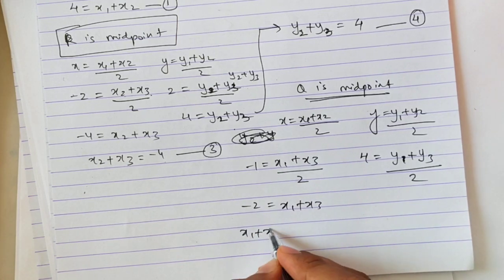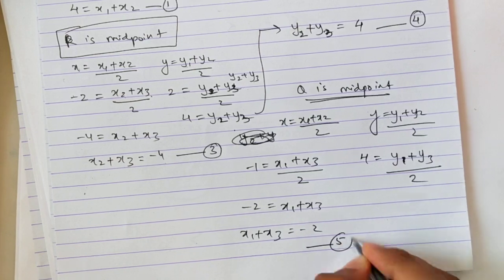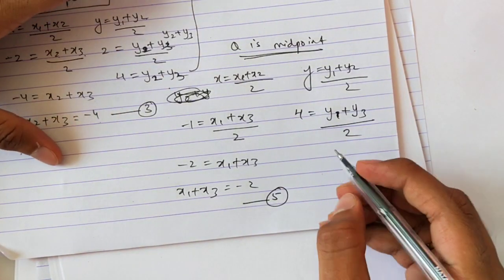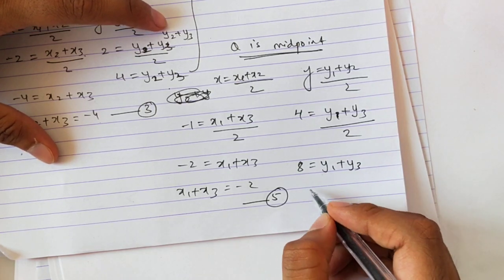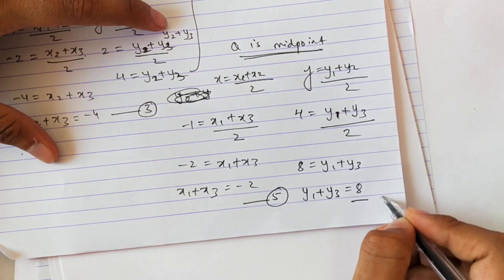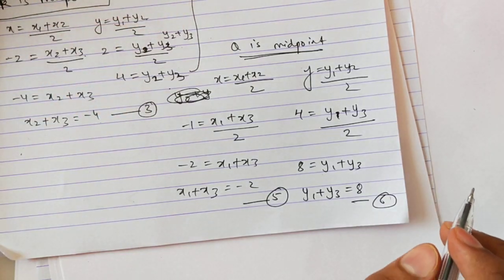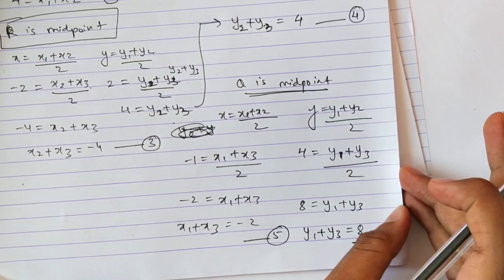So I'll write it as x1 plus x3 is -2. This will become my equation 5. And here 2 into 4 is 8. So y1 plus y3 is equals to 8. This is equation 6. So I'll get 6 equations here in all.